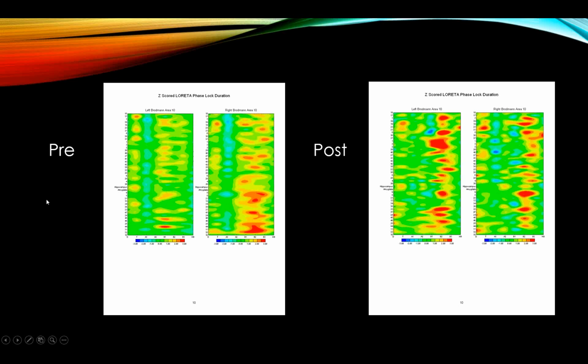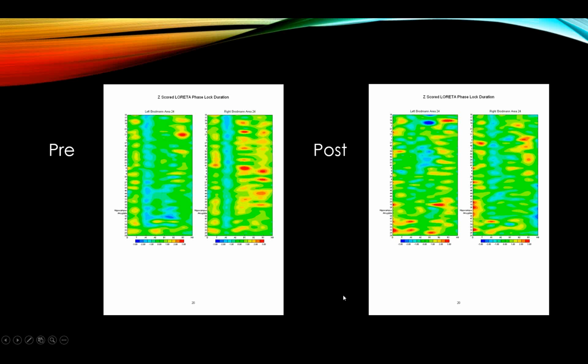Okay. Here's area 10. This is phase lock changes, and you can see how phase lock changes in this person quite a bit. And this person has a developmental disorder that's associated with hypoxia.